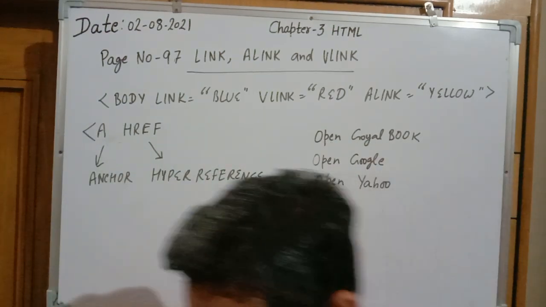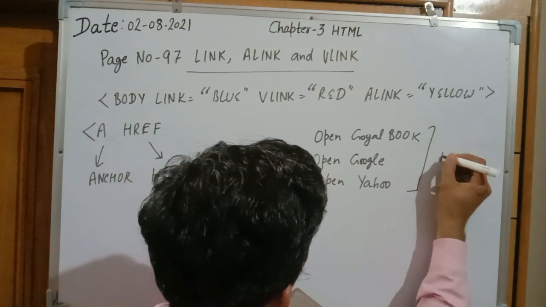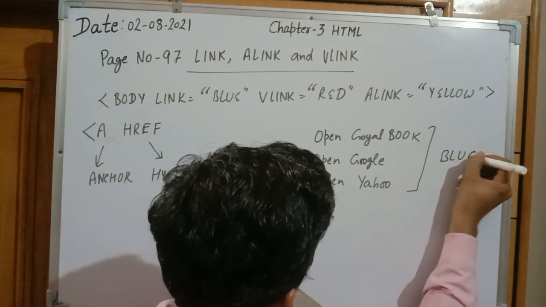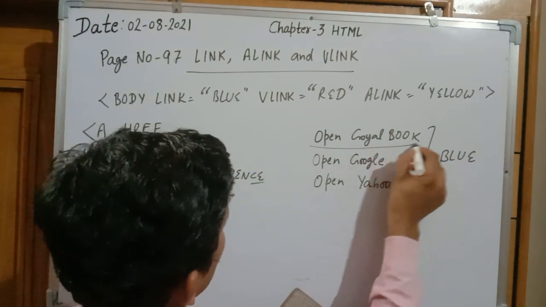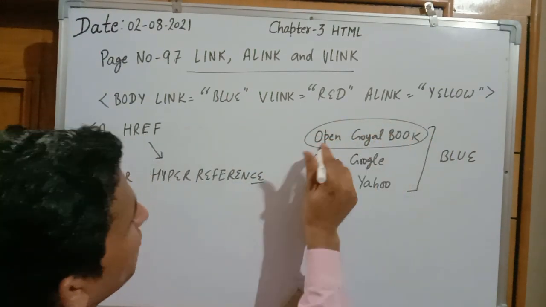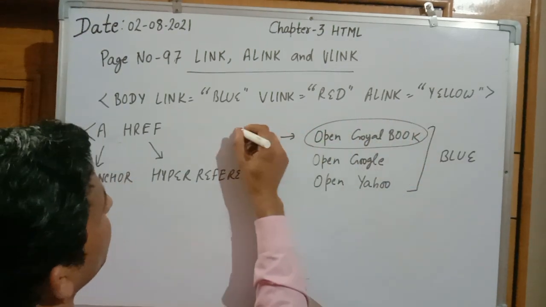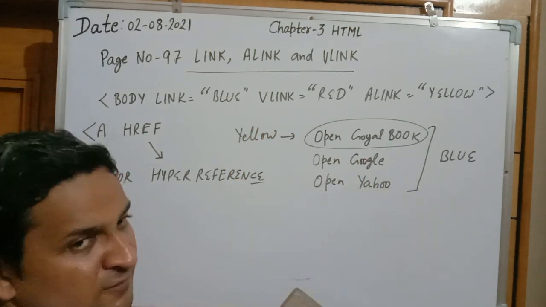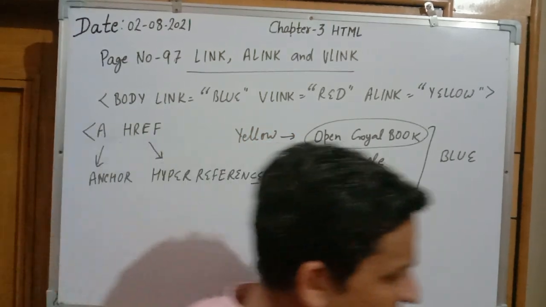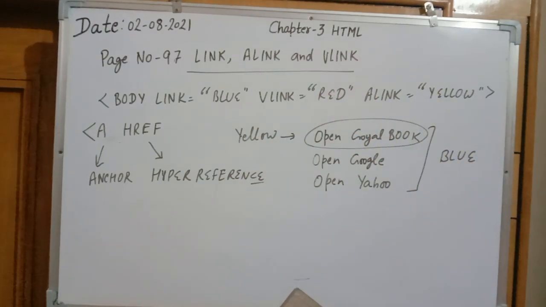When the output is displayed, all three will be of blue color. When we bring the cursor on this link, it will become yellow color, and the rest will be blue.